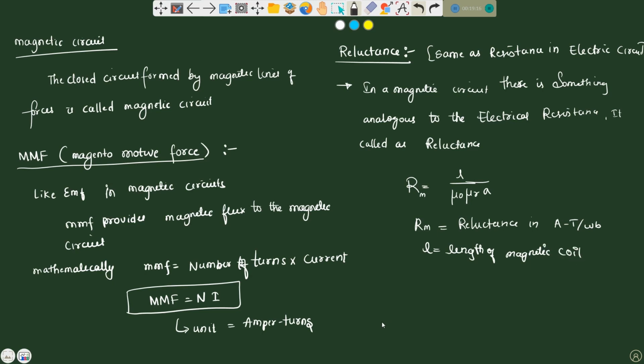Mu naught and mu r are the permeability of free space and the permeability of the medium. Mu naught is the permeability of free space, and mu r is the permeability of the medium. So mu r equals 1 for free space.